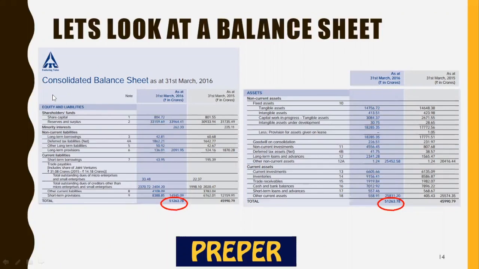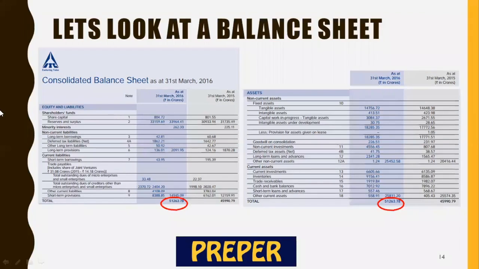Let's start from the left, and let's look at the equity and liability side first, because that's how the company had presented its case. So starting from the top, we have shareholders' funds, share capital, reserves and surplus, something which we have already gone through. There's a new term called minority interest introduced here.